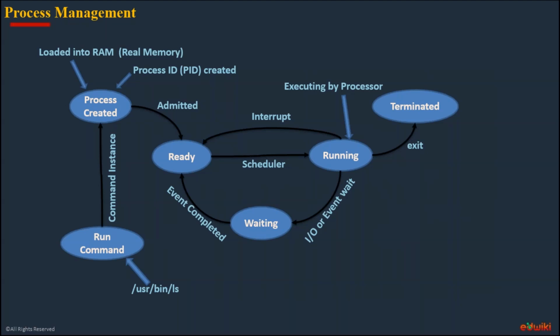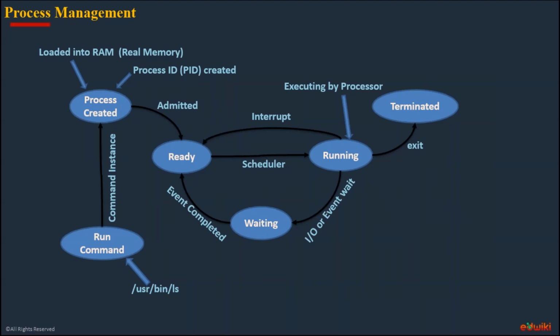If you have executed an ls command and you get the output of the list of files and directories, that means you got the required output and the ls process is terminated. If your command is mkdir, as an example, and the directory is created, then your process will be terminated. That is how, once the output is generated, the process is terminated.